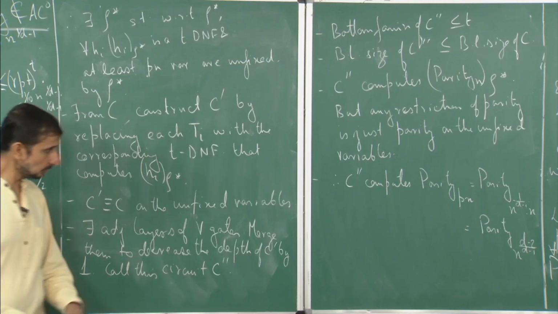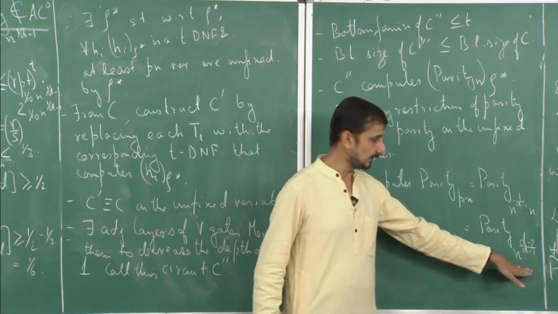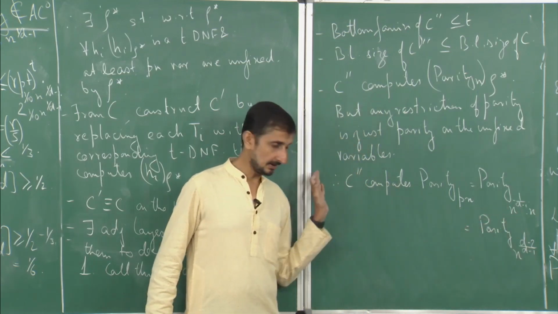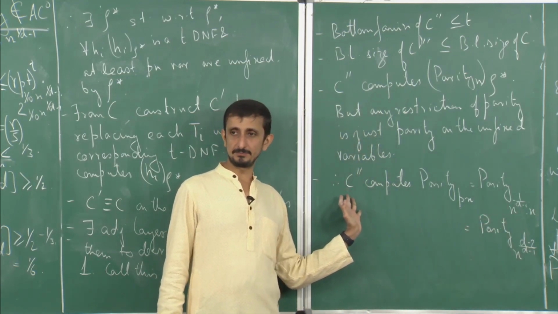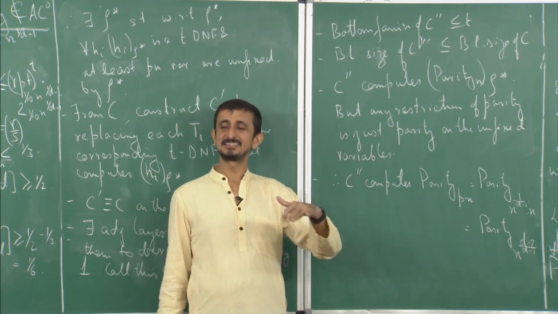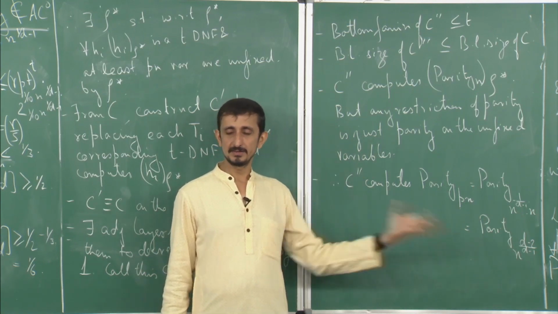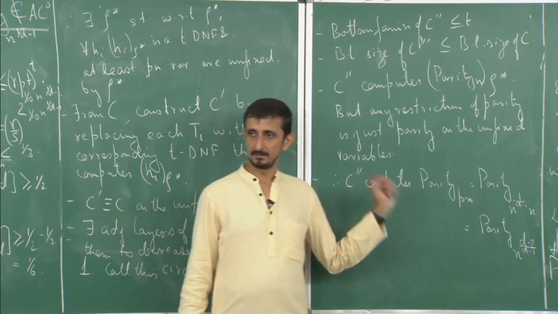Okay. So, on these many variables, my circuit C double prime that I have computed, which has depth d minus 1, is still computing parity, correct.